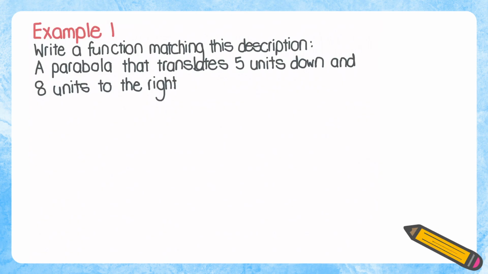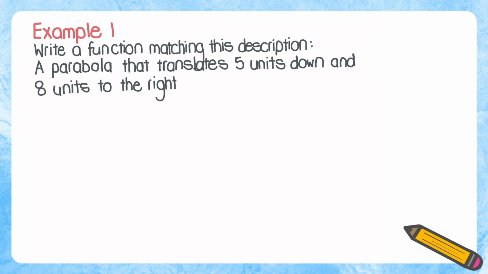And now let's go the other way. So what if we're provided the description and now we have to define the function? Let's take a look at some of those examples. Alright, so write a function matching this description. A parabola that translates 5 units down and 8 units to the right.